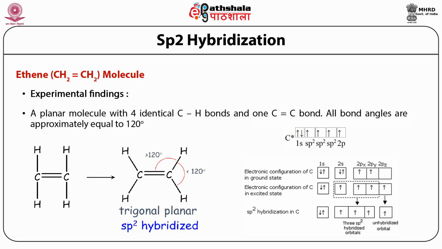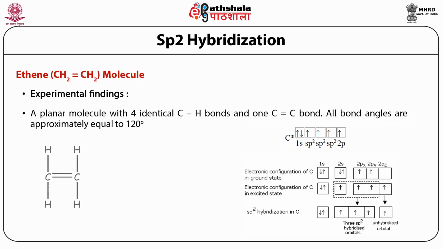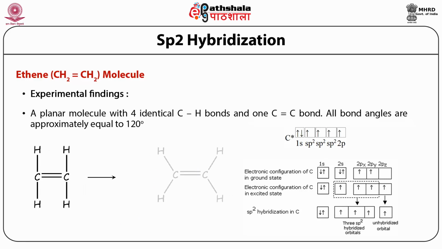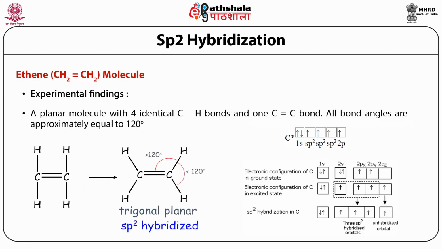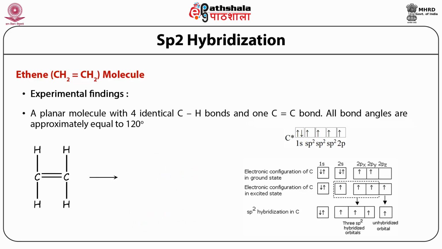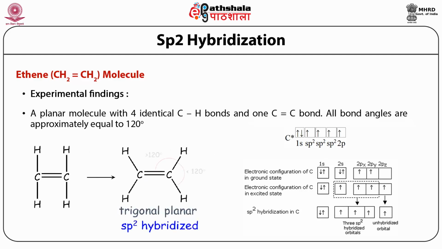For these molecules, carbon atoms are sp2 hybridized because one pi bond is required for the double bond between the carbons. In sp2 hybridization, the 2s orbital is mixed with only 2 of the 3 available 2p orbitals, forming a total of 3 sp2 orbitals with 1 remaining p orbital.